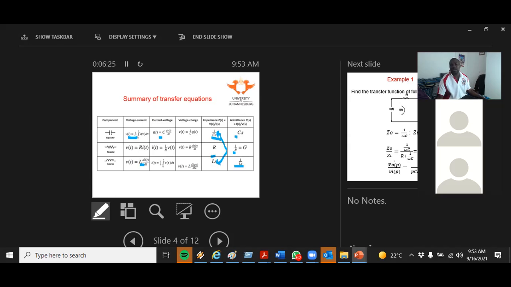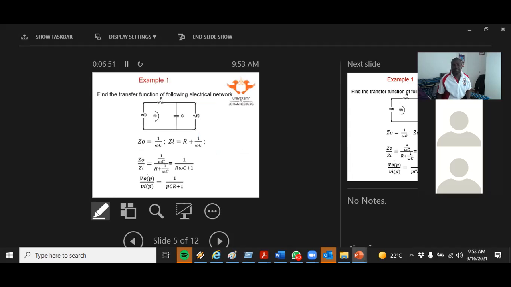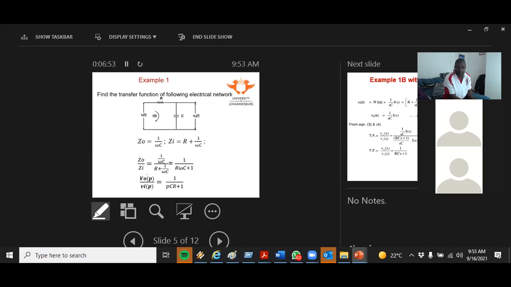You can work the values of impedance the way you were taught in a previous subject: 1 over WC is a capacitive reactance and WL is an inductive reactance. So where there's S, you put W, and you start making things easier.